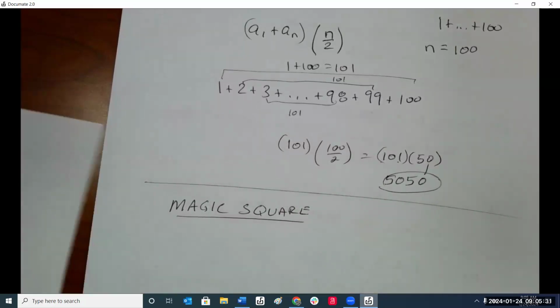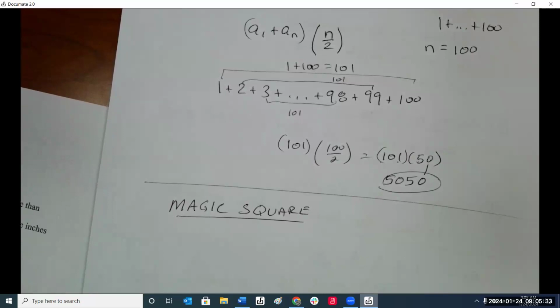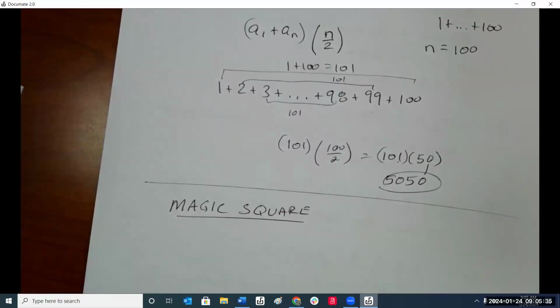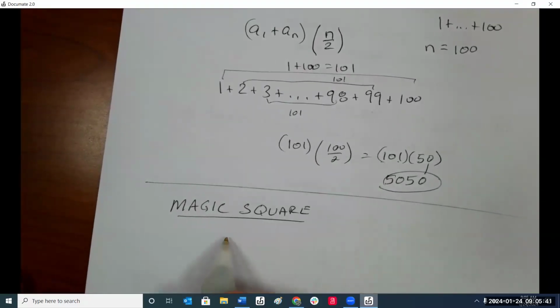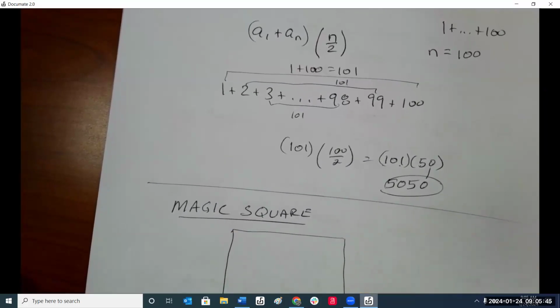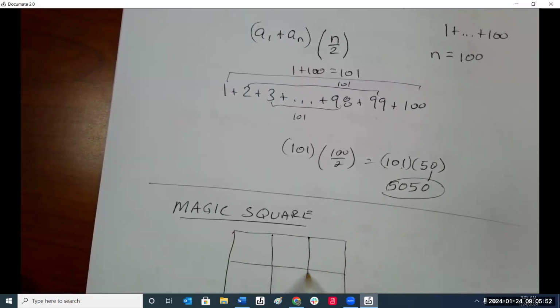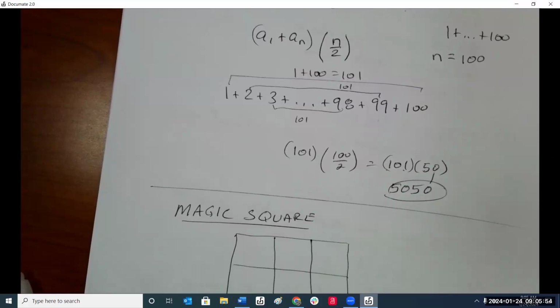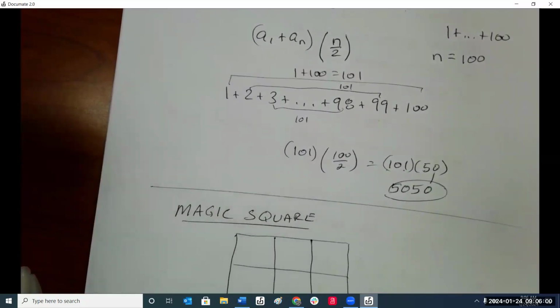Where's my magic square? Oh, I lost my magic square. I lost my number. Oh no.